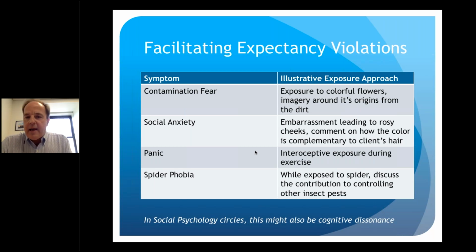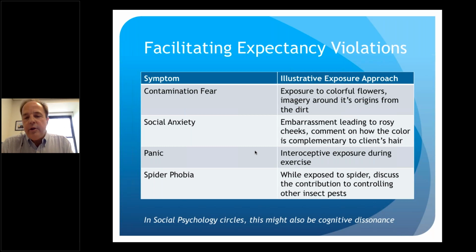So here's a couple of examples that would be helpful for facilitating expectancy violations. In contamination fear, you might have exposure to colorful flowers for the participant, and then you would remind the participant that these things grew out of the dirt. For social anxiety, the person might be practicing something that leads to embarrassment, and they have some blushing, and then you might comment on how the color of their cheeks is complementary to their hair.